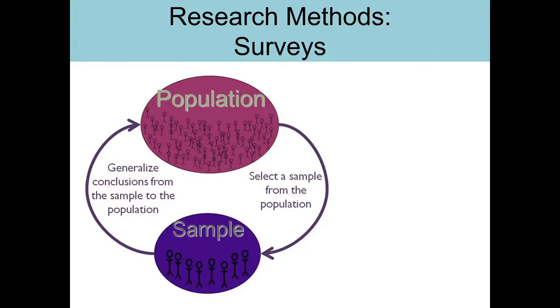Now, what's large enough? Well, it depends. It depends on how many questions you're asking them. So generally, the rule of thumb is you want about 5 respondents for each item on the survey. So if you're administering a really long survey, you might get up to more than 500 participants using my little rule of thumb.